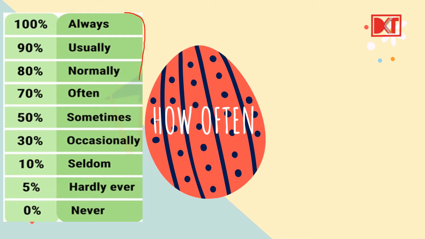These are all adverbs, all of these. पर एक timeline बना दी है, कि जैसे अगर how often, if there is something that happens never, which means जो 0%, जो कभी भी नहीं होता, then that is never. Something that happens about 5% of the time, मतलब बहुत ही rare chances होने के, तो hardly ever. 10% मतलब seldom, थोड़ा बहुत हो जाता है, occasionally.